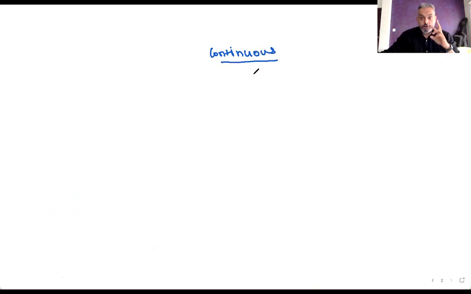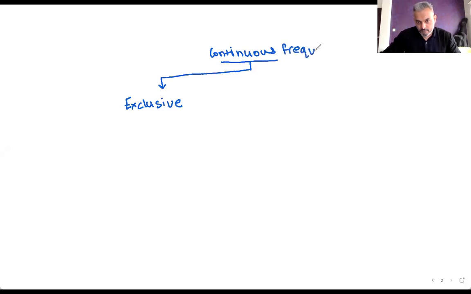In continuous, there are two types of frequency distribution. Most widely used is exclusive, and the other one is inclusive.